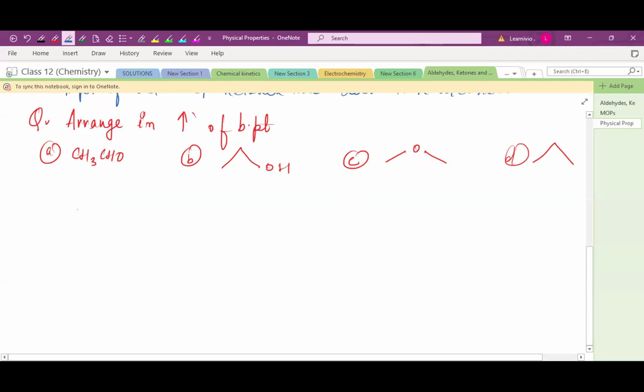The order is B, A, C, D. Right? B will have the highest boiling point.